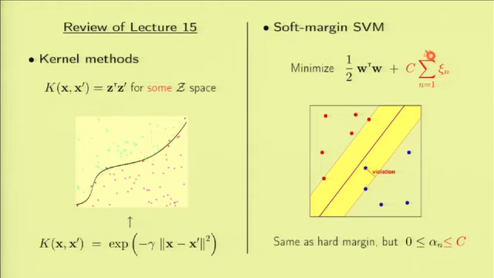And we have a total violation, which is this summation. And then we have a degree to which we allow those violations. If C is huge, then we don't really allow the violations. And if C goes to infinity, we are back to the hard margin case. And if C is very small, then we are more tolerant and we will allow violations.